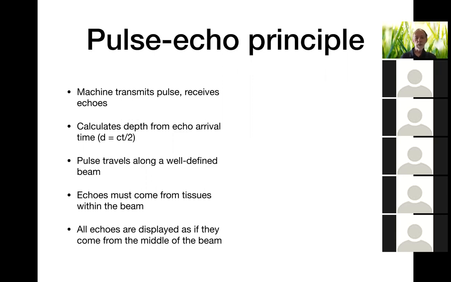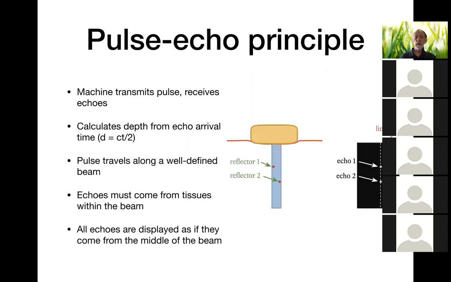The only thing is the machine does not know just exactly where in the beam the echoes have come from. As this diagram shows, one reflector, one scatterer might be on the left of the beam, and another one might be on the right-hand side of the beam, but the machine has no way to know this. All it knows is that it's got echoes coming from within the beam at specific depths.